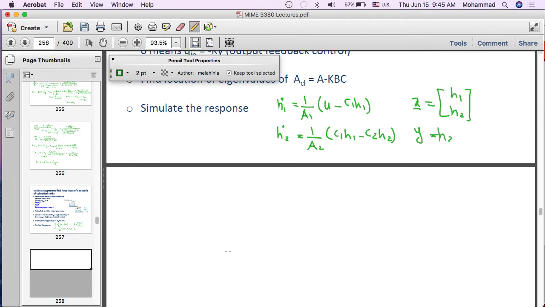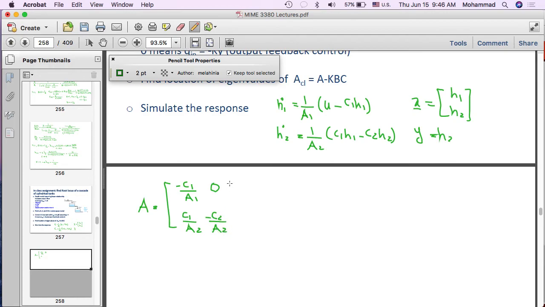What is it? So the A matrix. The A matrix is negative C1 over A1, which gets multiplied by H1. And then what is next? 0. Okay, so nothing gets multiplied by H2 in the first row. For the second row, C1 over A2, and then negative C2 over A2.